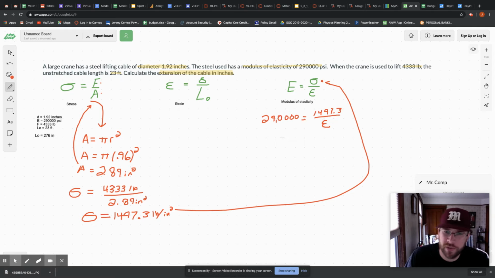Whenever you're solving for something in the denominator, just some basic algebra, make sure you get it out of the denominator first.